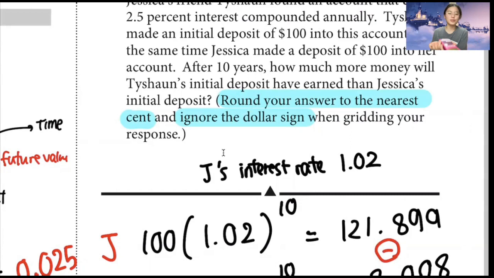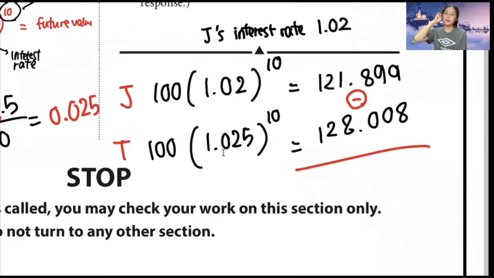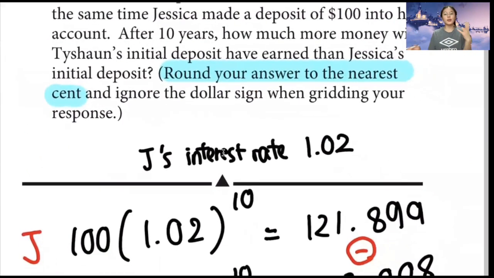But don't. It's saying ignore it, so ignore it, okay? And round your answer to the nearest cent. So there's 100 cents in a dollar. So this is basically saying round it to the nearest 100th. But it's just testing you on whether you know the cent.